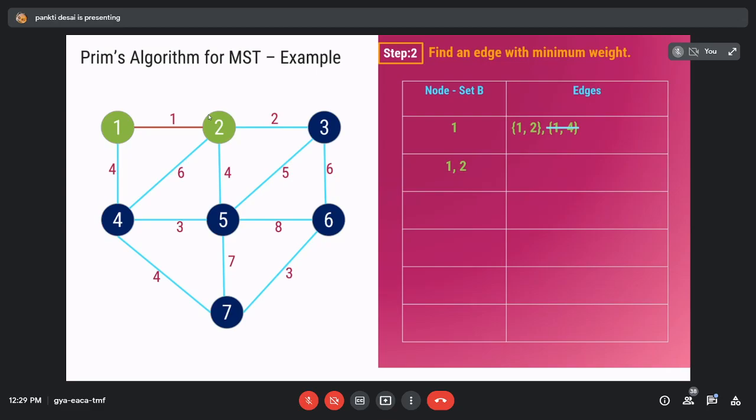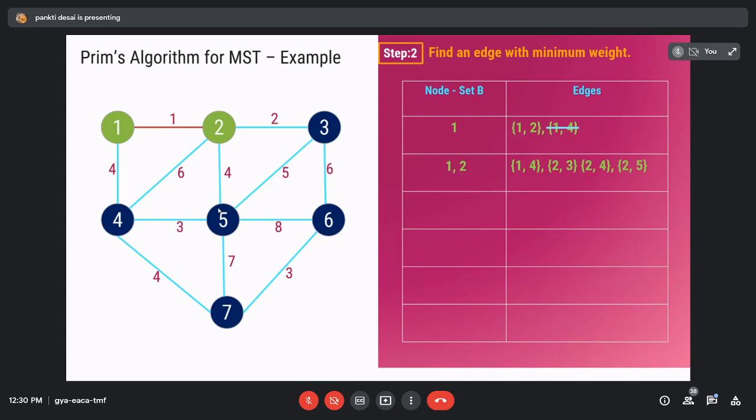Then the next node set is 1 comma 2, right? Now write down all the adjacent edges of 1 comma 2. That is 1 comma 4, 2 comma 3, 2 comma 4 and 2 comma 5, right? 1 comma 2 is already included in this spanning tree, so no need to consider it. All these are the adjacent edges from the vertices 1 and 2, right?